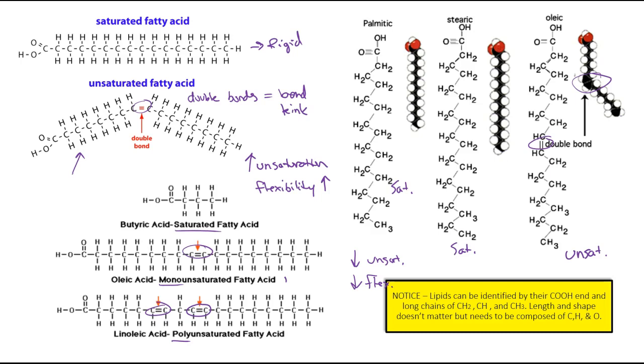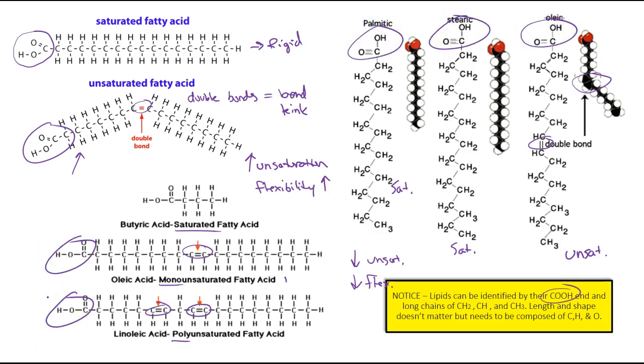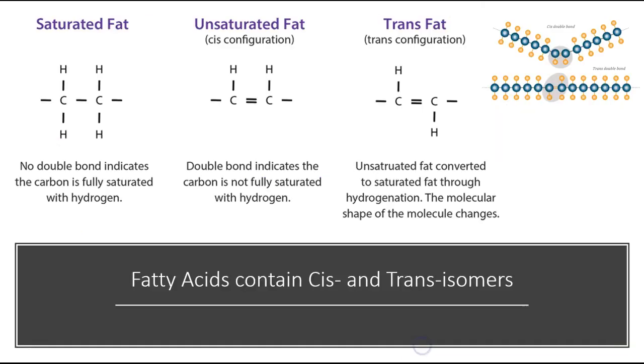Every single lipid that you will ever see on an IB exam or in any kind of biology literature has this COOH group. Remember, that is the carboxyl group. The COOH group is the group that you can usually identify a lipid with. Okay, all of these have that COOH. That is their carboxyl. Like I said, all lipids have it.